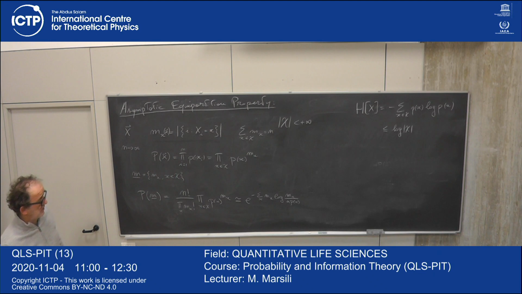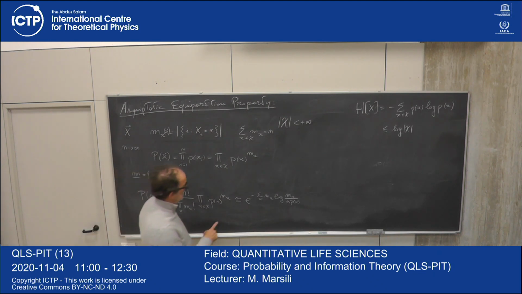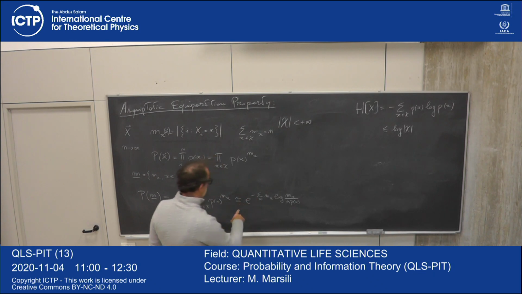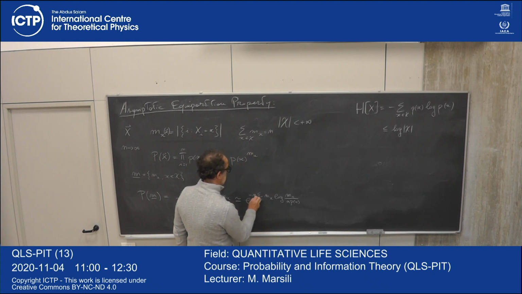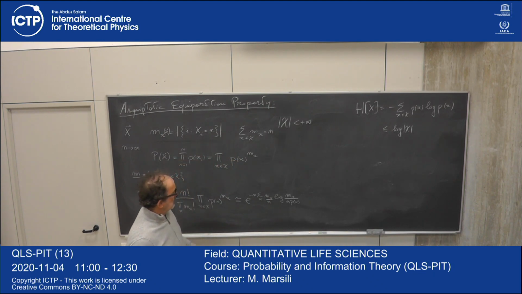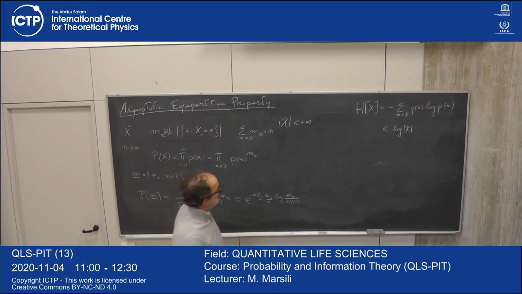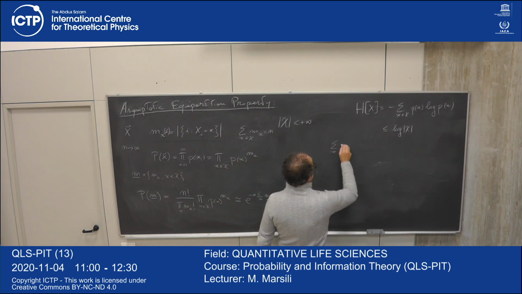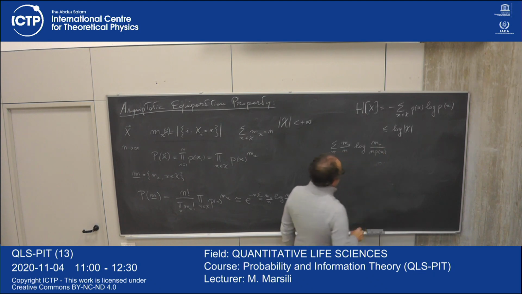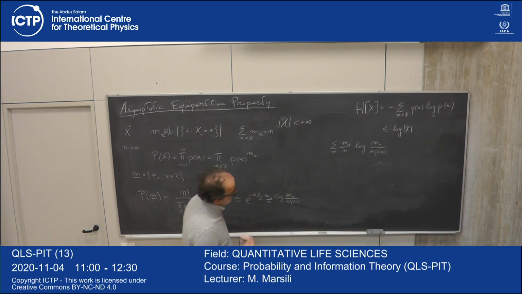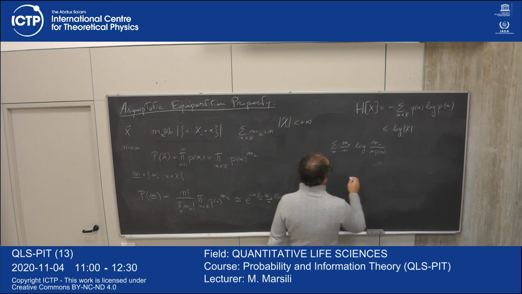Very good. So now what you can see is that this you can also write as minus n times the sum over x of m of x divided by n, and it's easy to show that the sum over x of m of x divided by n times log of m of x divided by n times p of x must be positive.